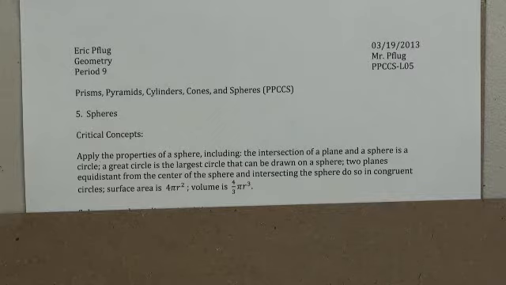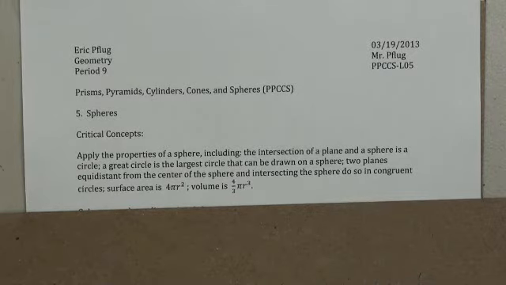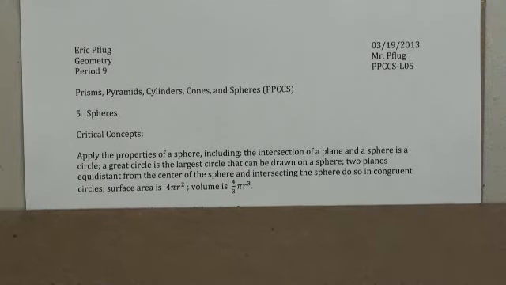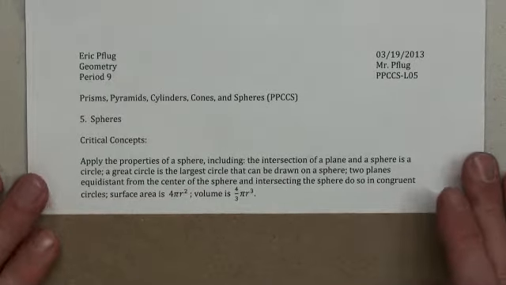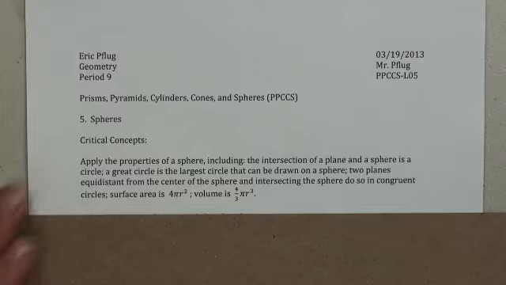Two planes equidistant from the center of the sphere and intersecting the sphere do so in congruent circles. And the surface area is 4 pi r squared, and the volume is 4/3 pi r cubed. So there are a lot of critical concepts when it comes to spheres, and we're going to cover each one of those. All right, just hang on one second.